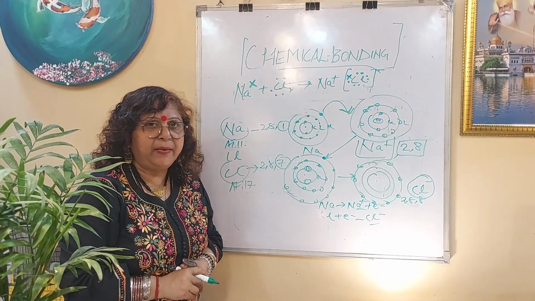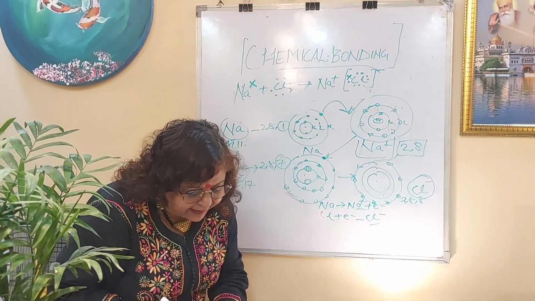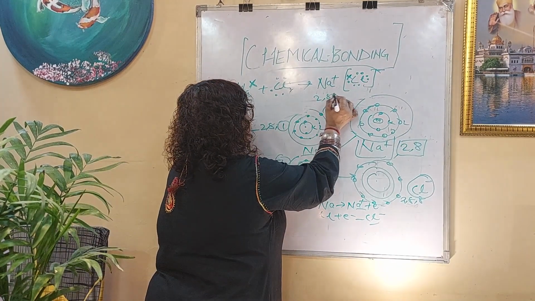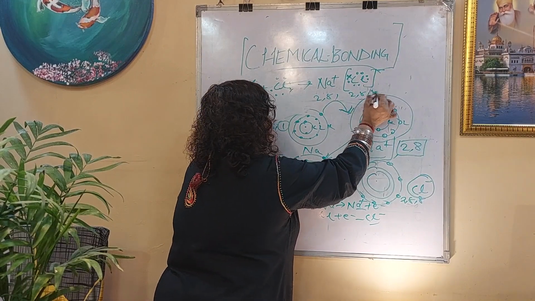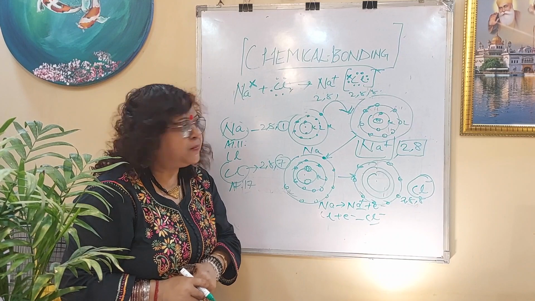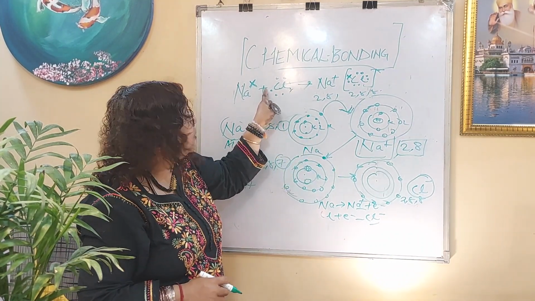Got it? Negative. And this is sodium chloride. Now the sodium ion is 2, 8 and this is 2, 8, 8, which I showed you here. Yes or no?